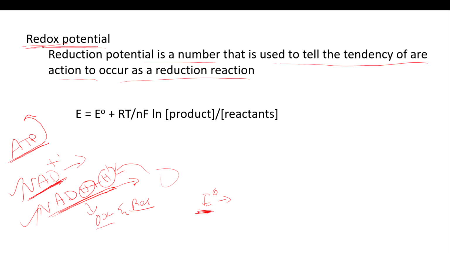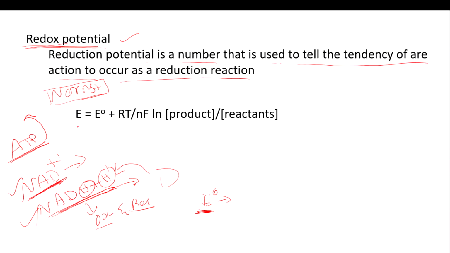And this redox potential can be represented with a formula called the Nernst equation, which you have already studied in your first year pharmaceutical analysis, redox titrations, right?